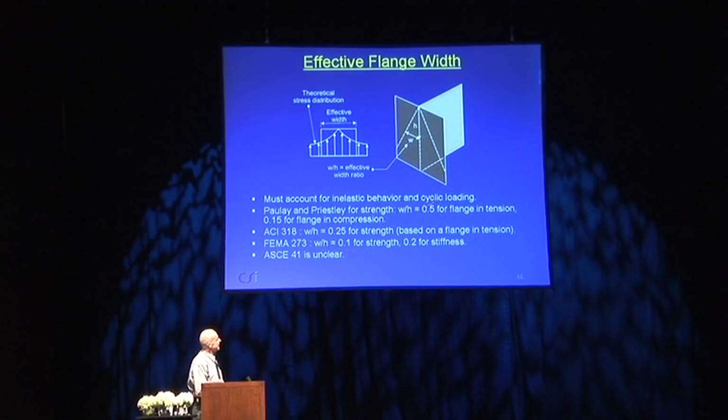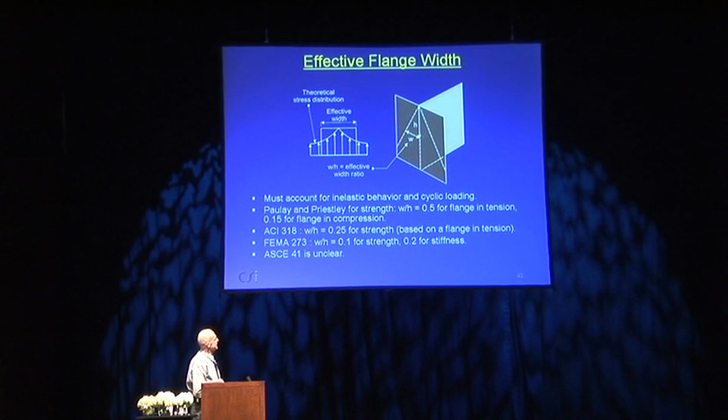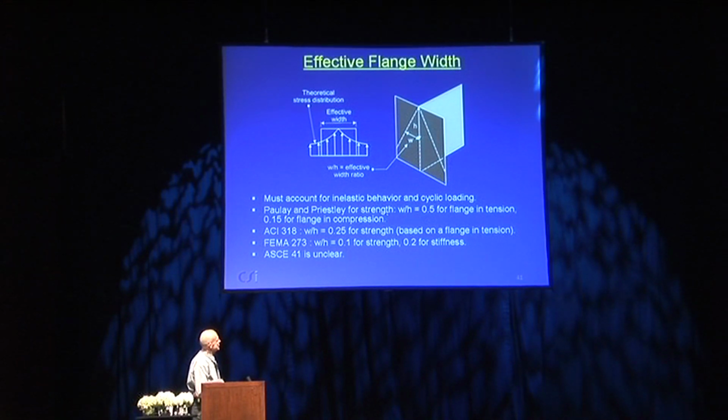Whereas in tension, it can tend to bring in quite a lot of the tensile reinforcements, and it's probably not a bad idea from a strength-based design to maybe overestimate this a little bit so as you also overestimate the concrete stresses. Anyway, 0.5 for flange in tension, 0.15 in compression. And this is for calculation of strength, not for calculation of stiffness.